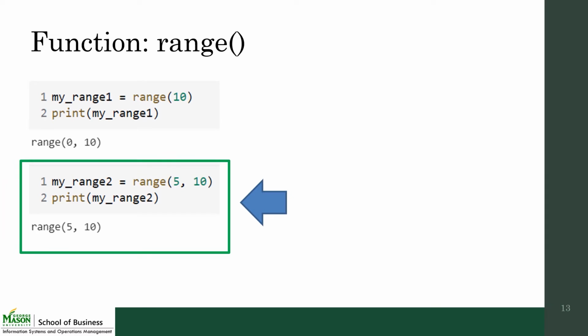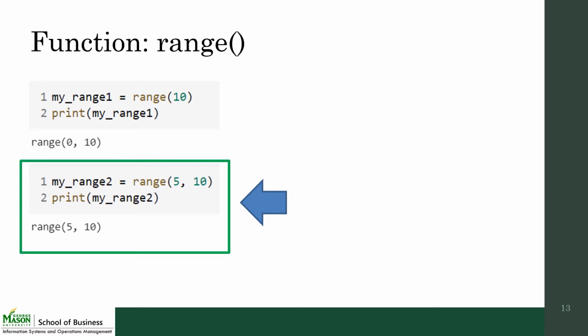Alternatively, the range function allows for multiple arguments as shown here with my_range2, where the range function with the values 5 and 10 is separated by a comma. This means two arguments are passed into the function. Now, the value 5 is the starting point for the range and the value 10 is the ending point.